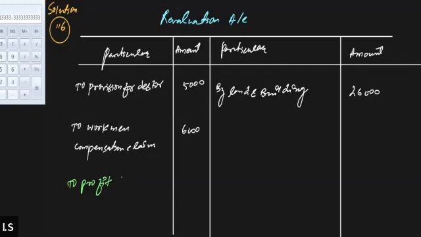So the profit will be 15,000, and this profit will be distributed between Madhu and Vidhi in their profit sharing ratio. 15,000, and the ratio was 2/5 and 3/5. So that means 6,000 and 9,000.